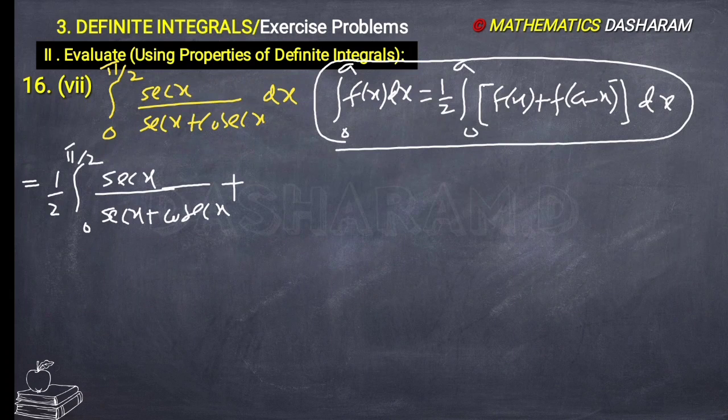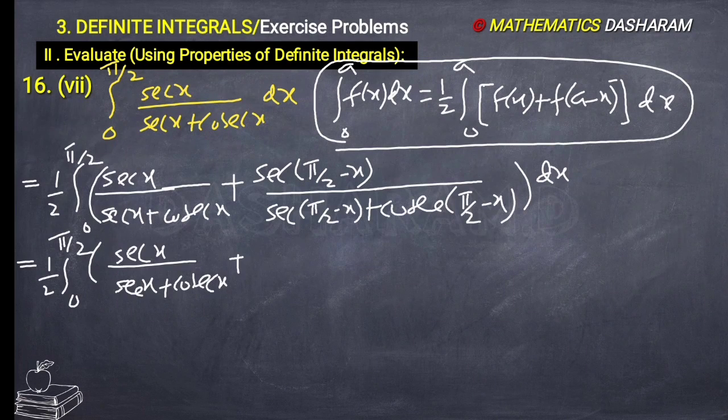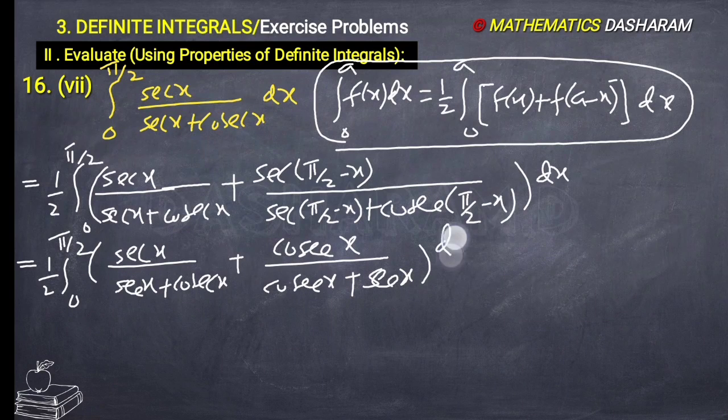A minus x means substitute x equals pi/2 minus x. So sec(pi/2 minus x) divided by, sec(90 minus theta) is cosec theta. So cosec x divided by sec(90 minus theta), cosec theta. Cosec(90 minus theta) is sec theta.